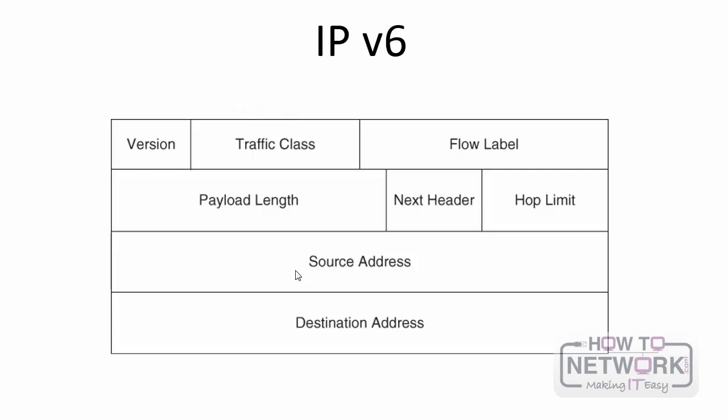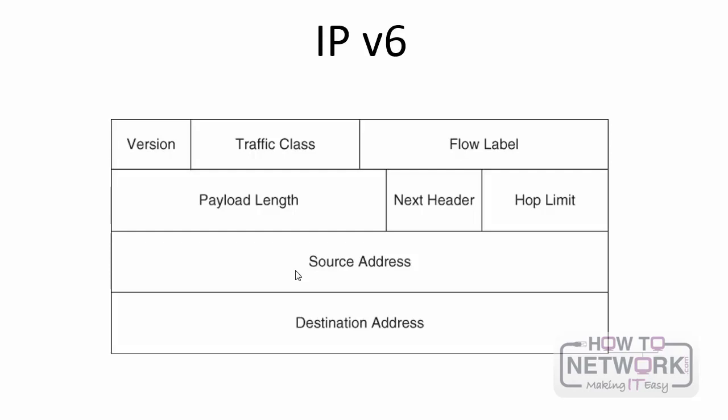The flow label field is used by a router to use a specific outbound connection for a traffic flow if a router has multiple outbound connections. The hop limit field probably sounds familiar. It's the same as the IPv4 TTL field. And then you have your source and destination address fields, which are similar to the IPv4 header's 32-bit source address field, but in this case, because it's IPv6, it's 128 bits for both, obviously, source and destination.